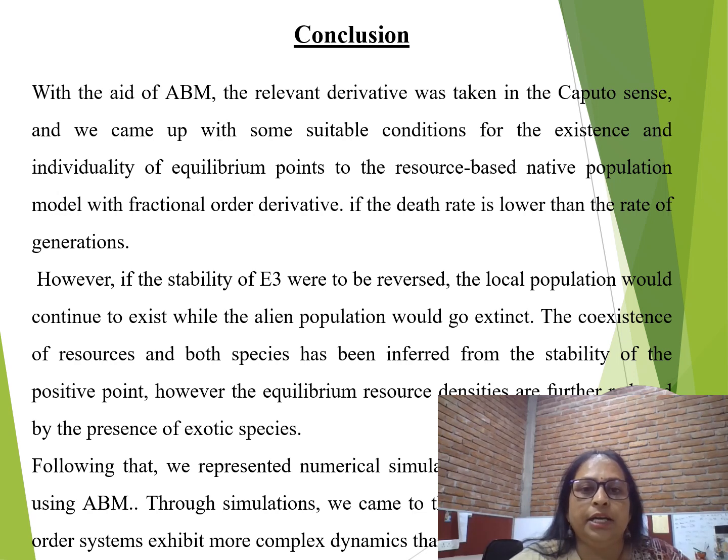If the death rate is lower than the rate of generation, however, if the stability of E3 were to be reversed, the local population would continue to exist while the alien population would go extinct. The existence of resource and both species has been inferred from the stability of the positive point.